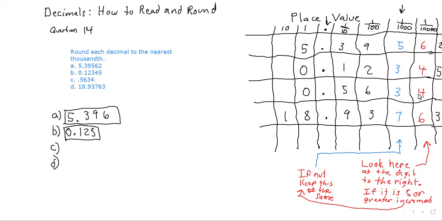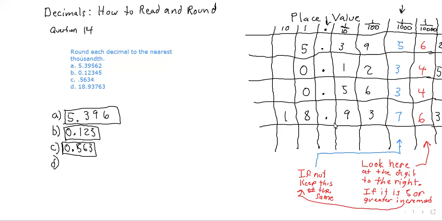We look over to the right, we see the number in red is 4. And the test we do is, is it 5 or greater? The answer is no. So that means we're going to keep that 3 there. So the answer for C is going to be 0.563.